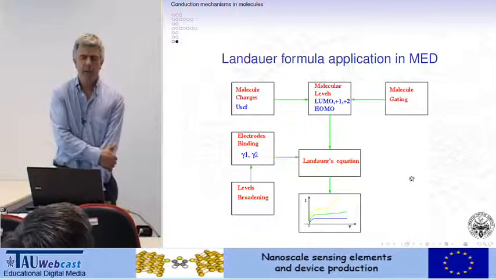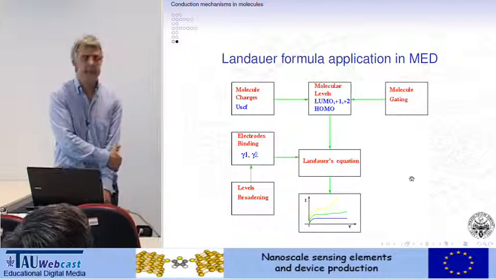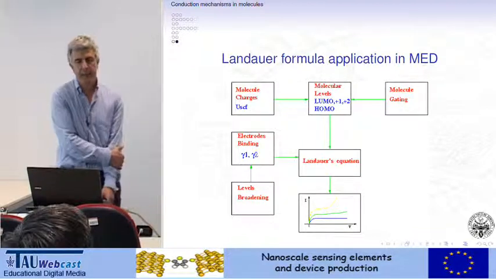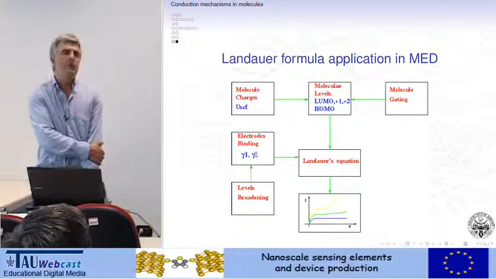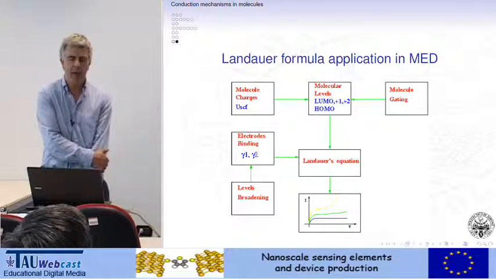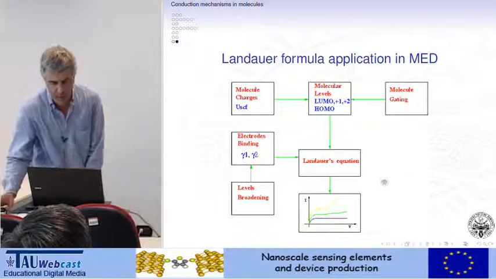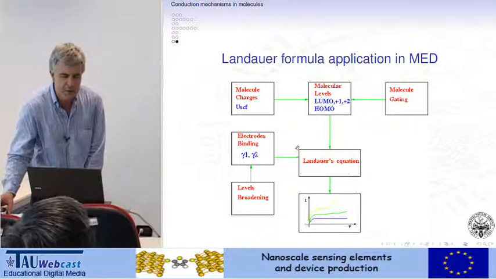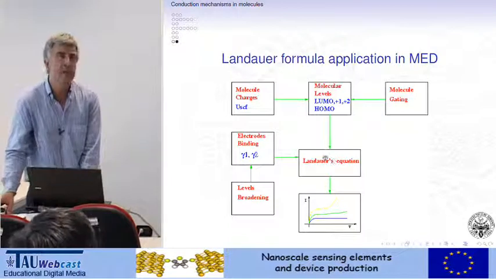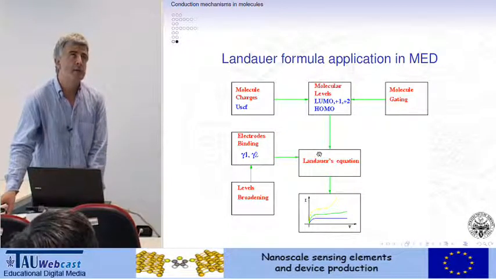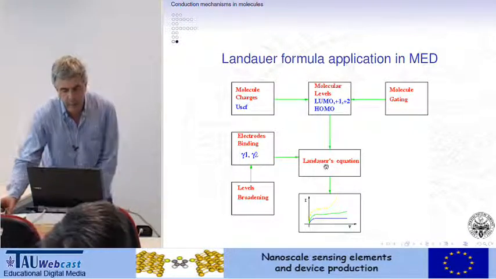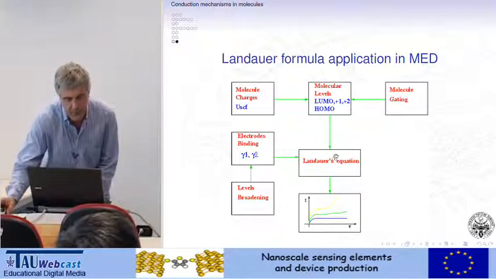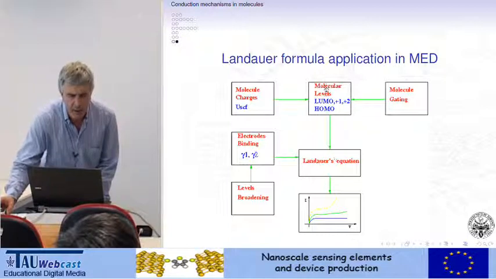Okay. In order to summarize what we tried to understand today, we can consider this simple scheme. When we want to design, to understand how a molecular electron device works, obviously the reference equation is the Landauer formula, because it's a good compromise between simplicity and reliability in terms of results. The Landauer formula must be used if you know the molecular levels.